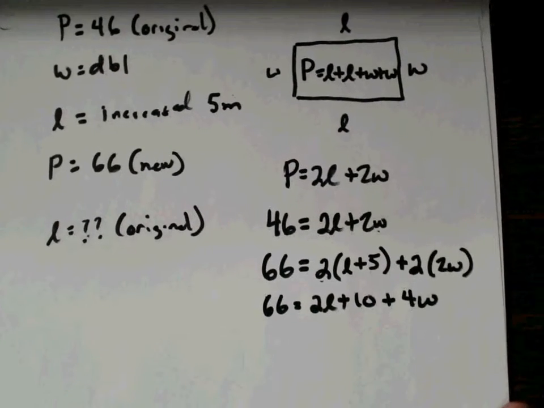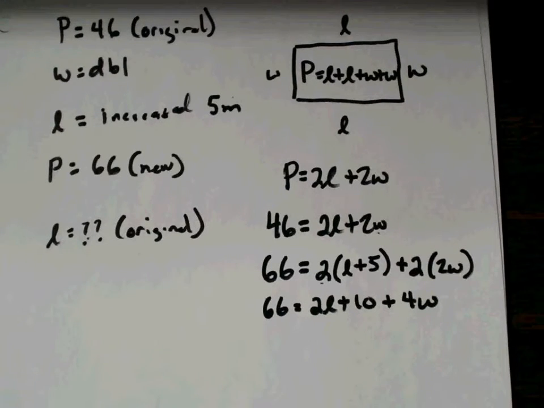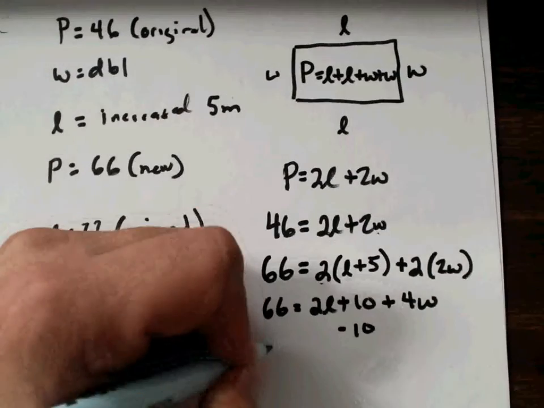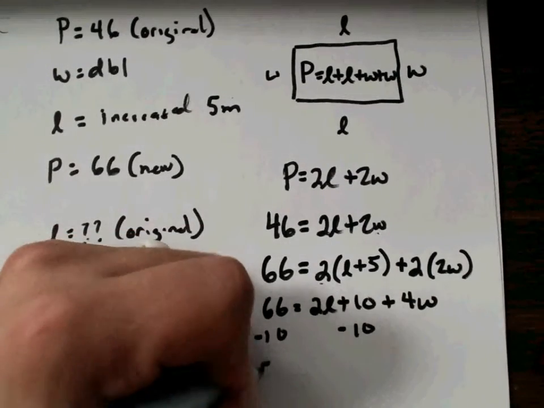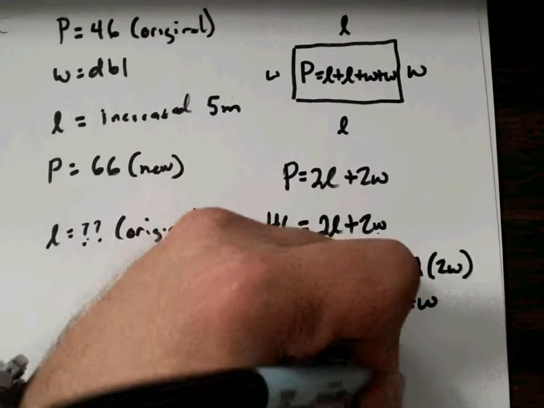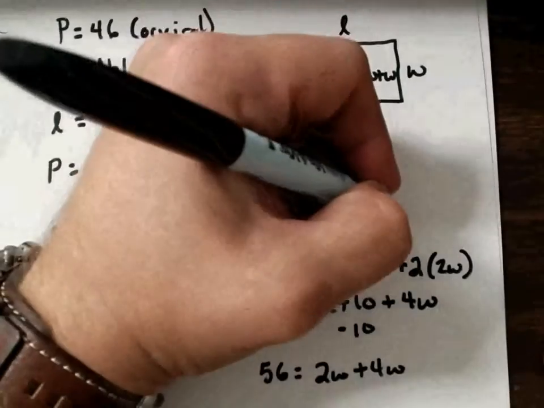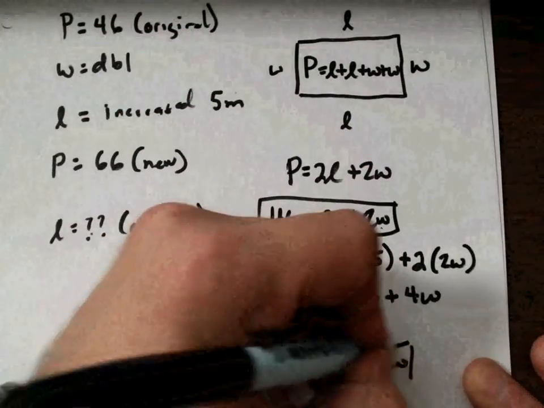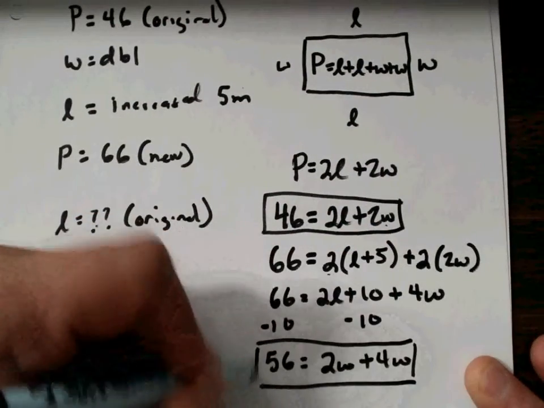And so what do I need to do to write the second one in standard form? Subtract the 10. Very good. And so now I have 56 equals 2L plus 4W. Okay, so I have the original equation right there and the new equation right there.